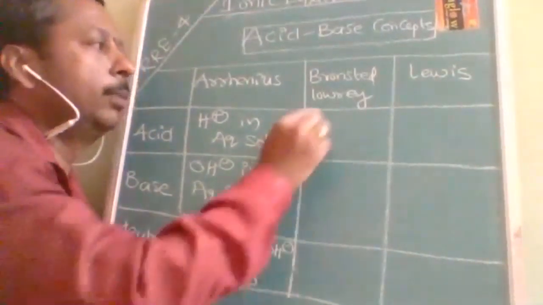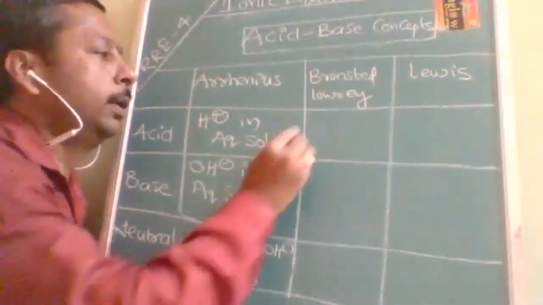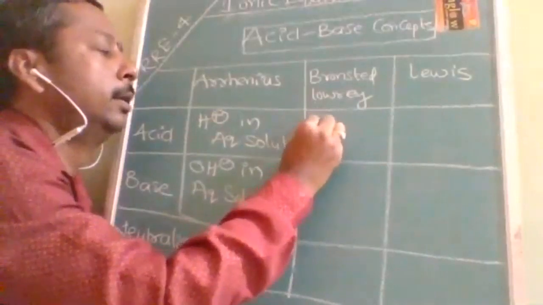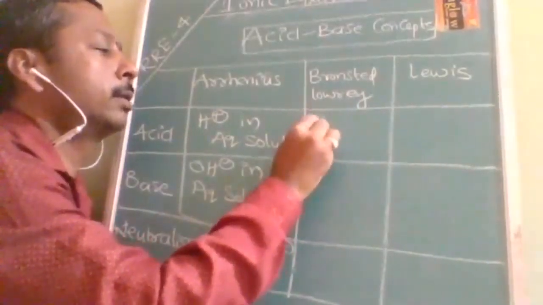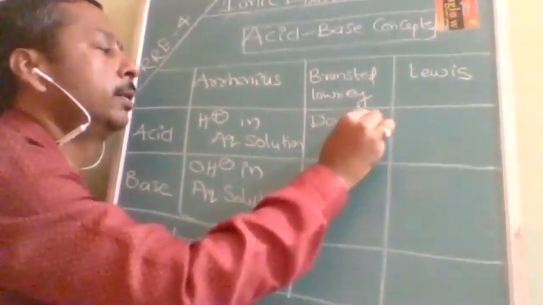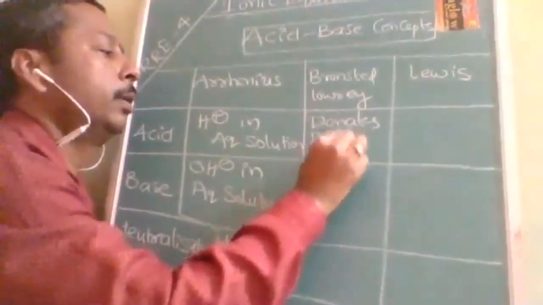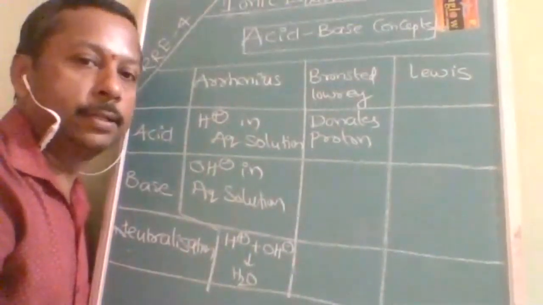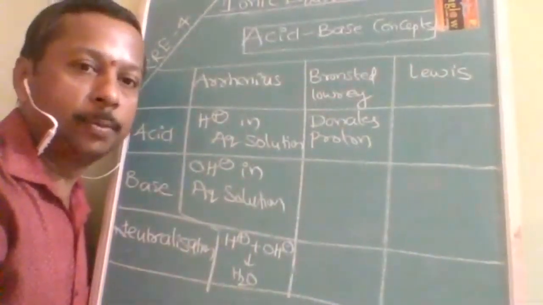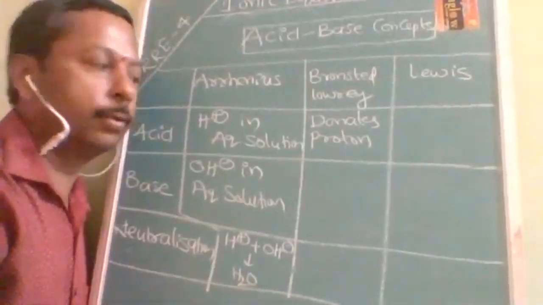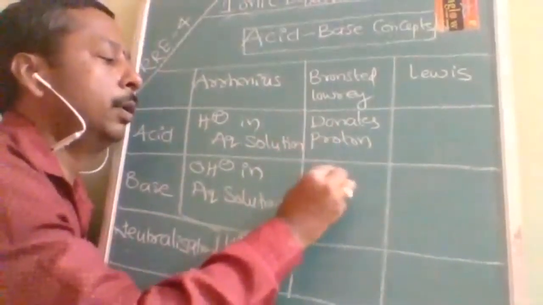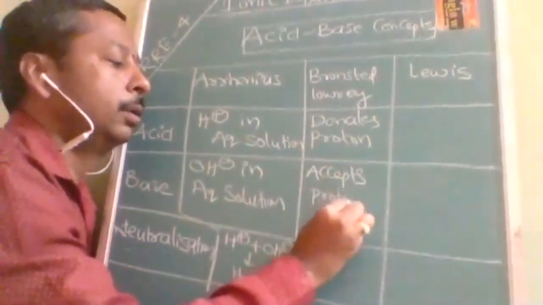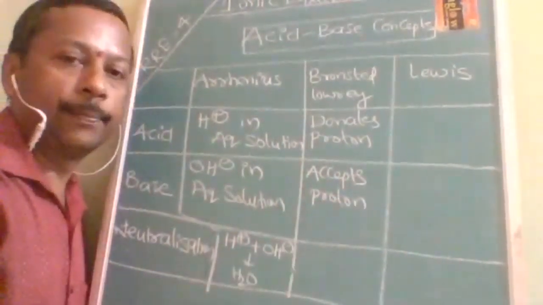Then coming to the Bronsted concept. According to Bronsted, an acid is a substance which donates a proton. Proton is nothing but H+ only, but he changed the word. The substance which accepts a proton is called a base.